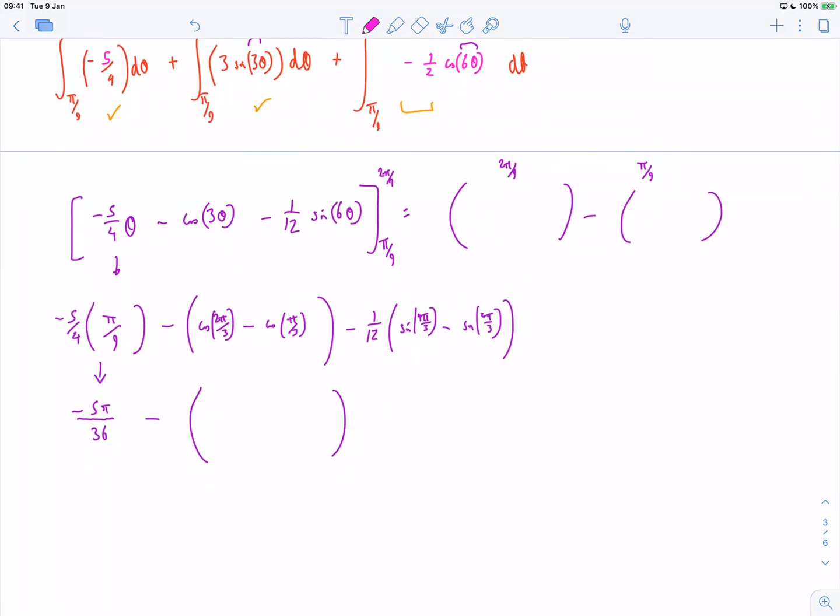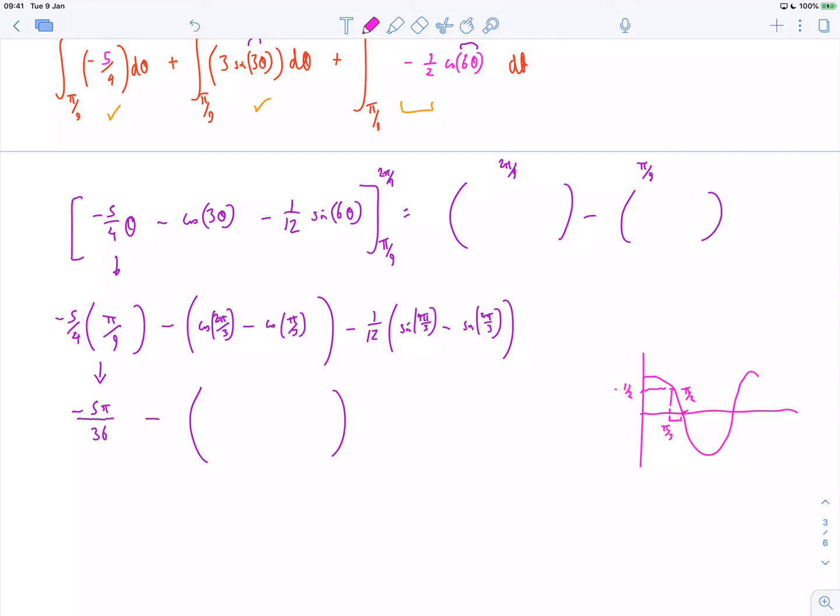Minus, and now let's use a different coloured pencil. So what is cosine of 2 pi thirds? Well, okay, let's draw my cosine graph. This is half of pi. And if I go back a sixth of pi, this is a third of pi. And I believe that's a half. Cosine of pi over 3 is a half.